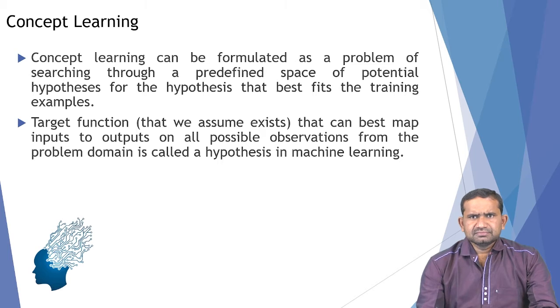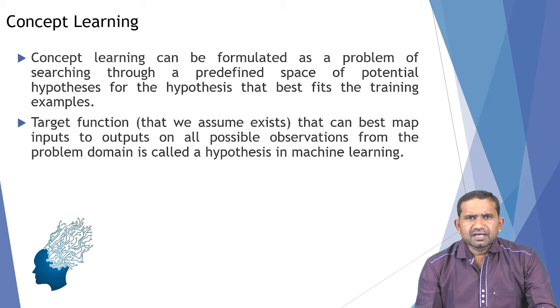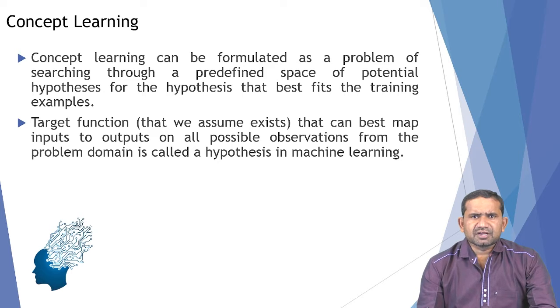Based on the problem, we select the best one from the 10 hypotheses: which hypothesis is suitable for the specific problem, or for the specific solution. So we have a large search space, and from it we select the best one based on the training examples. Training examples are a collection of examples related to the corresponding, fixed or specific problem.